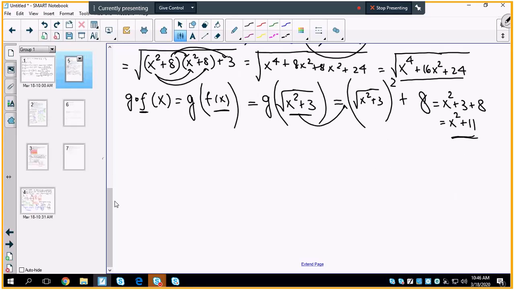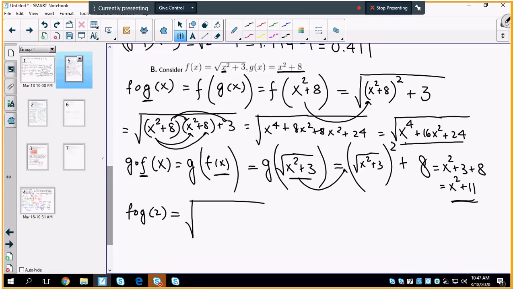For example, f compose g of 2: I'm replacing the x in that expression, which is your f compose g of x, by 2.